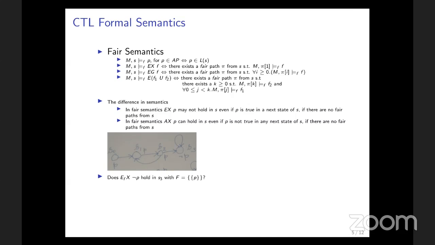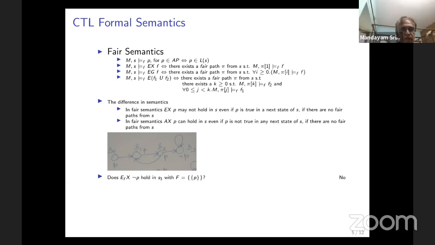No, right? Correct. Why? Because there does not exist a fair path at all from S3. Exactly right. But AFX will hold true, right? That's right.